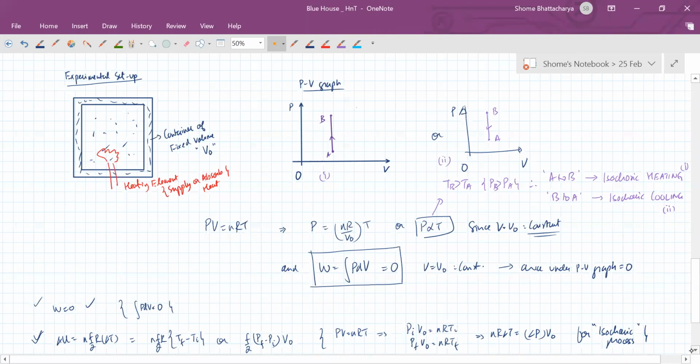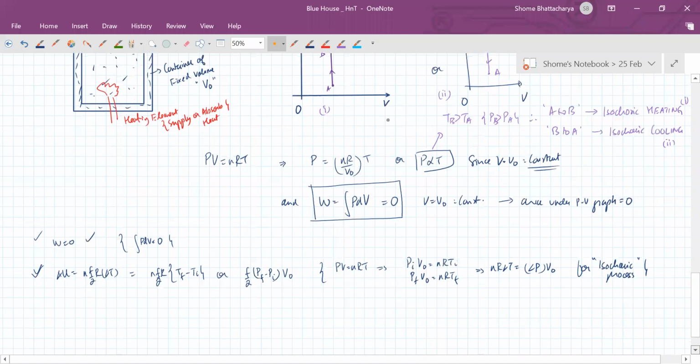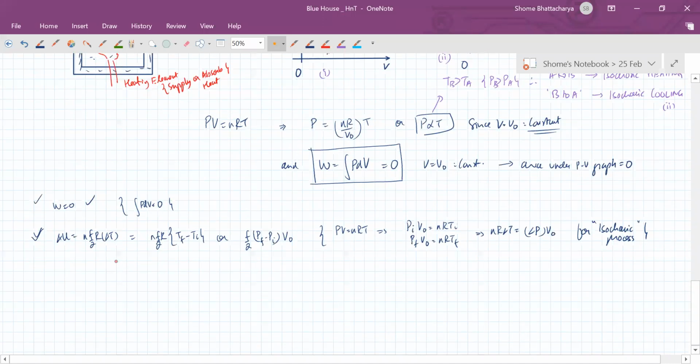Remember, delta U is a state function, so it doesn't matter whether it's isobaric, isochoric, whatever. This formula that we have is universal for all processes. So it's path independent.